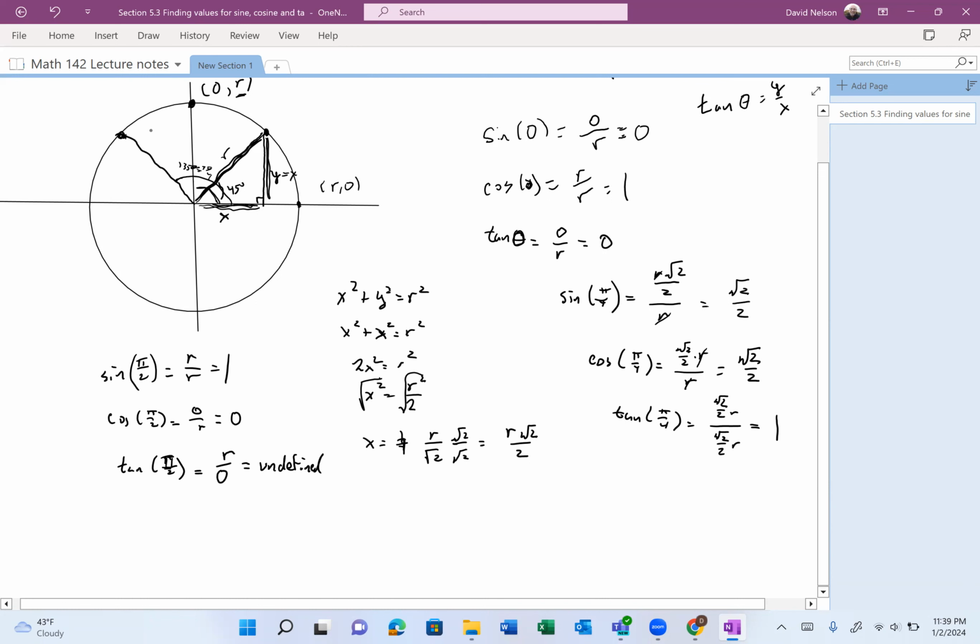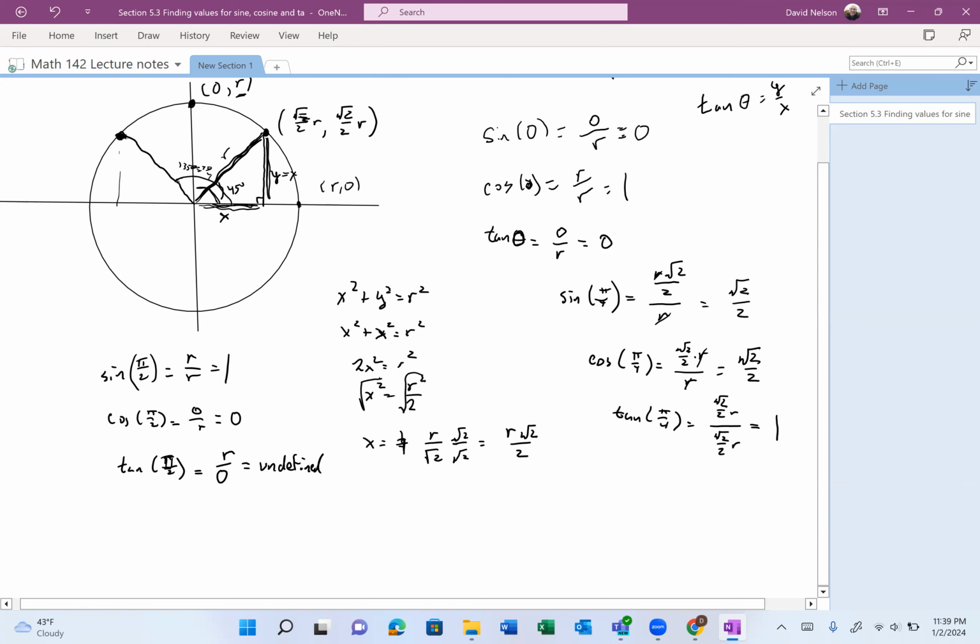The coordinates of this point are almost the same as the coordinates of that point. I know that the coordinates of this point were square root 2 over 2 times r and square root 2 over 2 times r. The coordinates of this point, the height is going to be exactly the same, and the y value is going to be exactly the same.